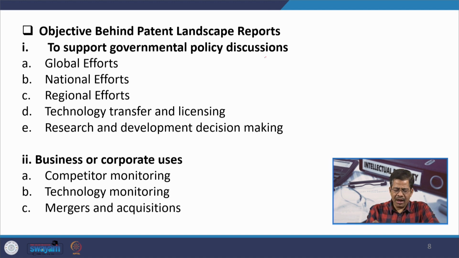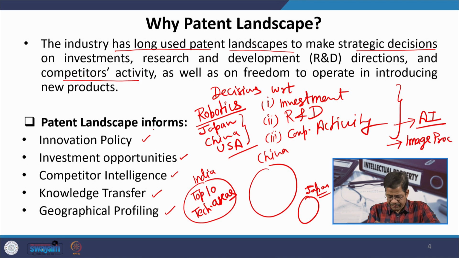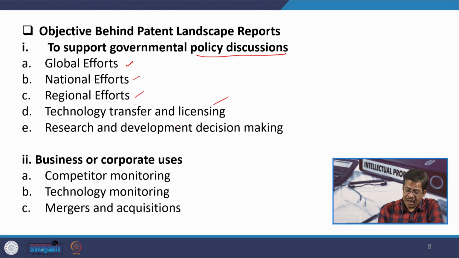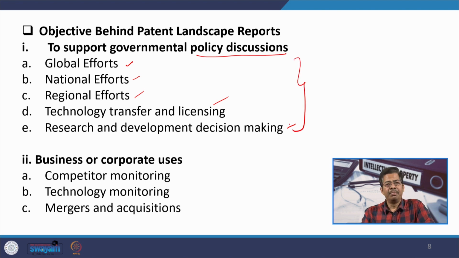Now, as we understand, we discussed that the patent landscape report is about innovation policy related things. So, policy discussions are one important objective behind PLRs, and with respect to global efforts, national, regional, technology transfer, licensing, R&D decision making, these are important policy related discussions which your PLR can facilitate.